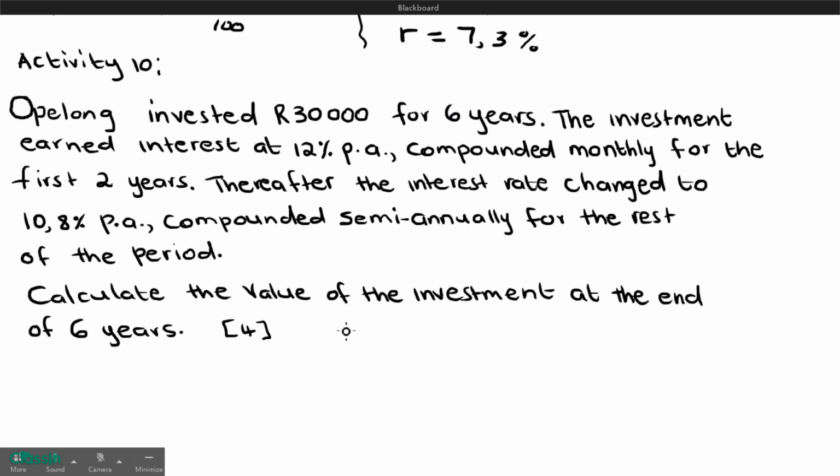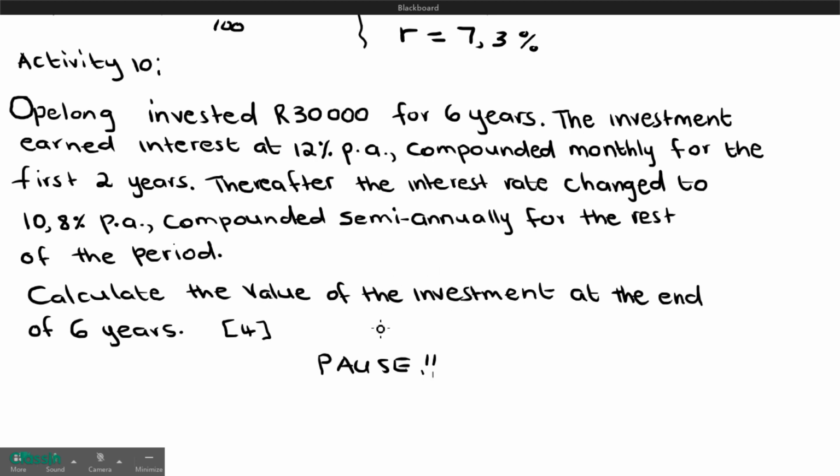So it's 4 marks. Interpret this statement, make the keywords for yourselves, and then represent your information correctly and calculate the value of the investment after 6 years. So for now, you just do a pause and you work on this problem.